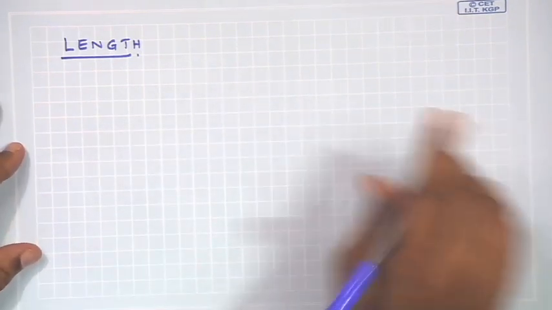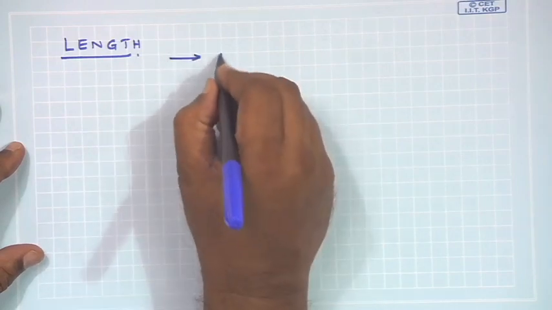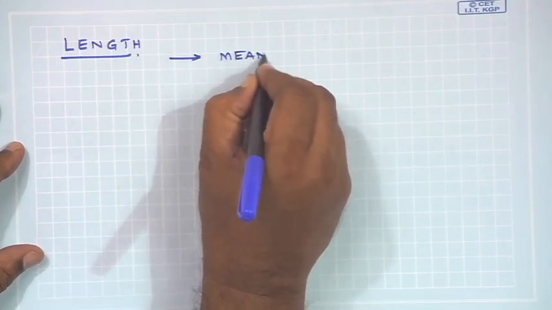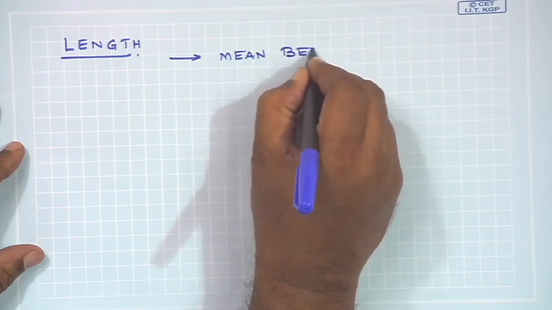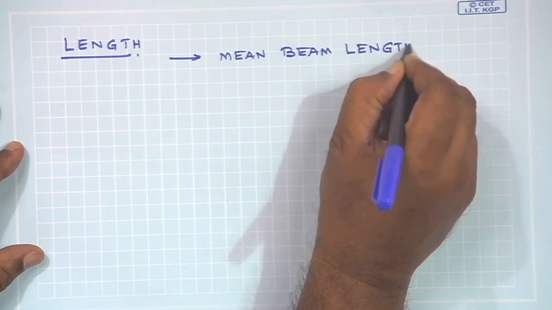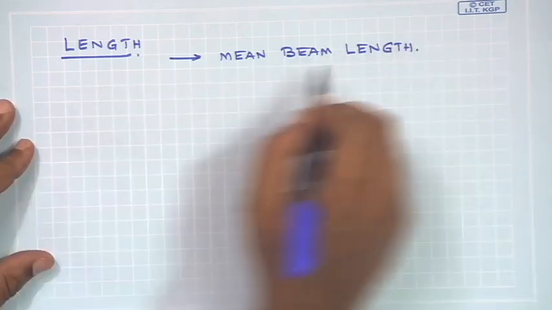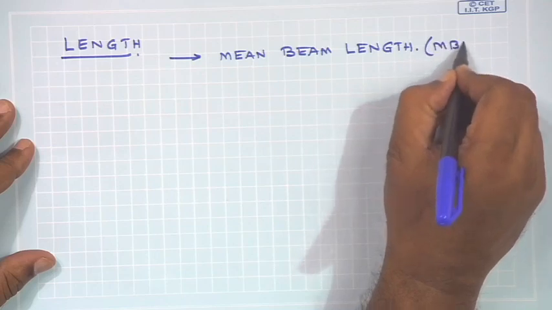The concept that I am going to introduce is called the mean beam length. What is mean beam length? Let us call it MBL.